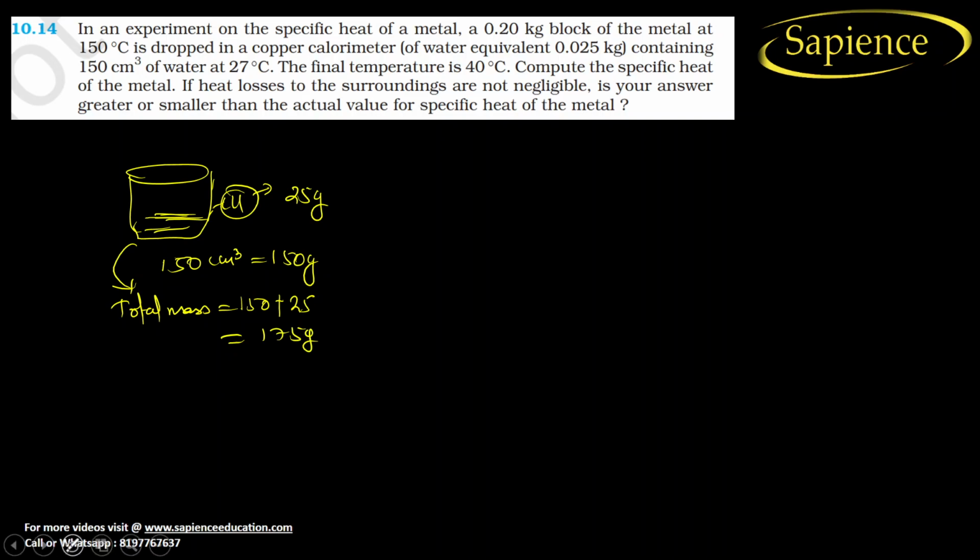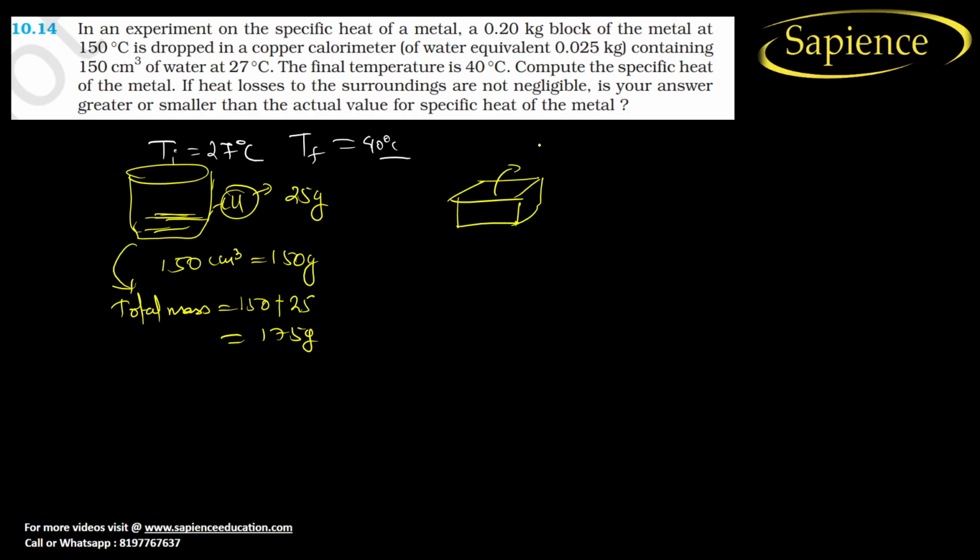The initial temperature of this body, T initial, is 27 degrees Celsius, and the T final, after the block has been inserted, becomes 40 degrees Celsius. Now there is a metal block, and it has some mass.